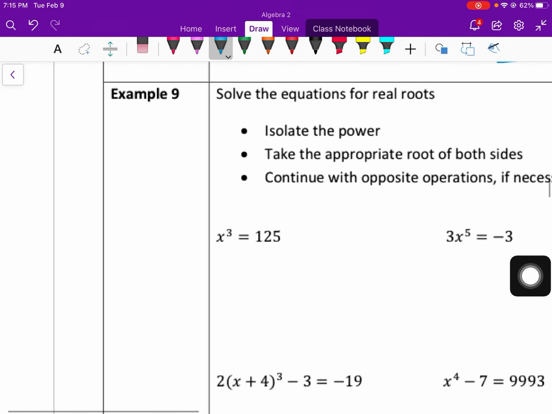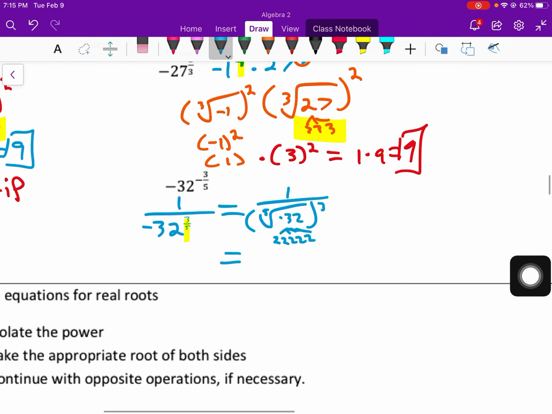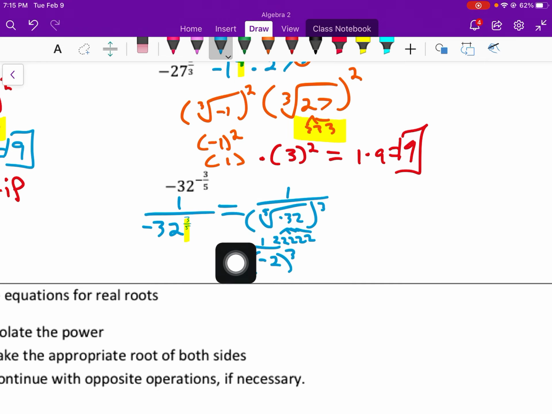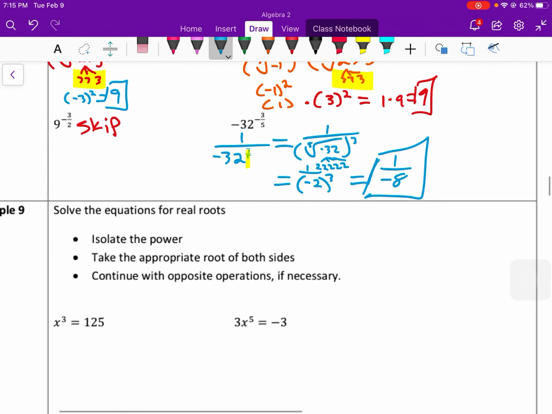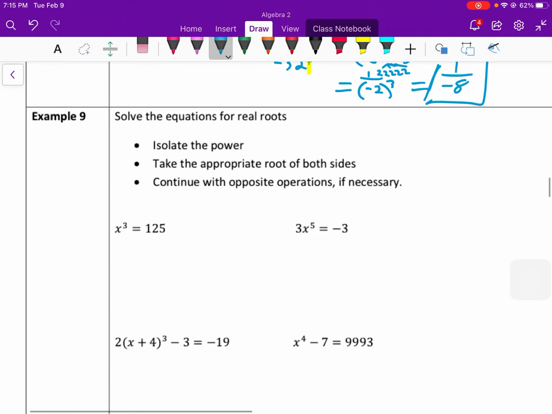And since it's an odd index here and it's negative, it's going to stay negative. So then we have negative 2 cubed. And again, this is all in the denominator still. We have the 1 over. So when we simplify that, negative 2 times negative 2 times negative 2 is going to be 1 over negative 8. So that's what that final product is going to be.